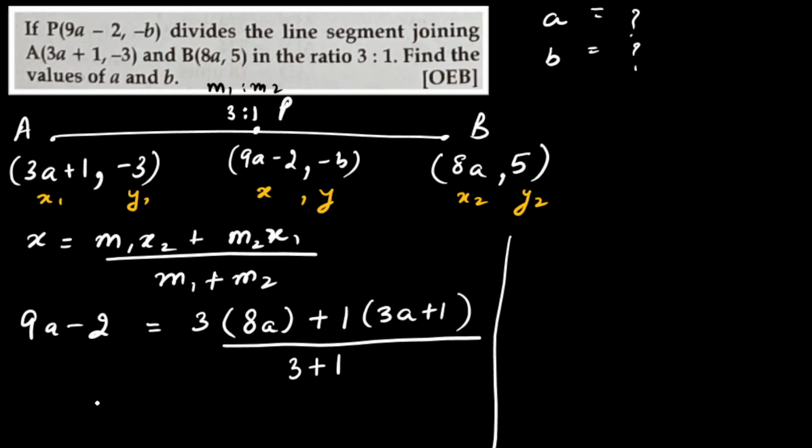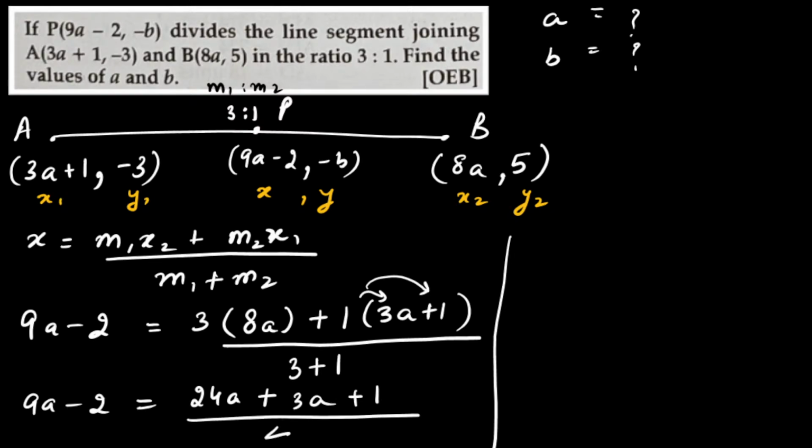Let's simplify it further. 3 into 8a is 24a. With 1 you multiply, you have to multiply with both terms: 1 into 3a is 3a plus 1 into 1 is 1, divided by 3 plus 1, which is 4.